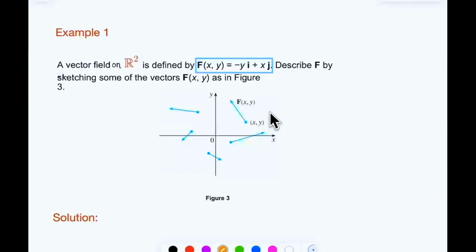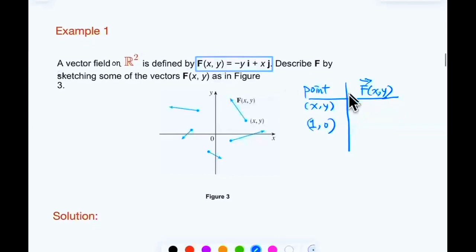You can just make a table and put in the x and y, and then you will get the vector. For example, I can make a table, and then I have the vector. Think about the point (1, 0). If we input this into this vector field, what will be the output?